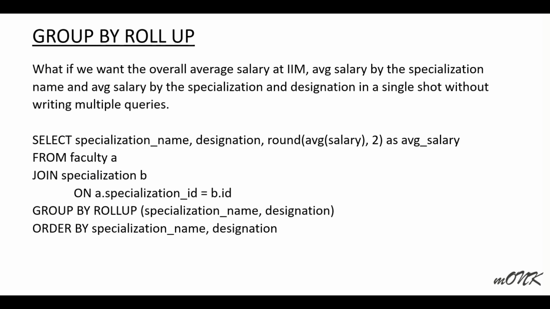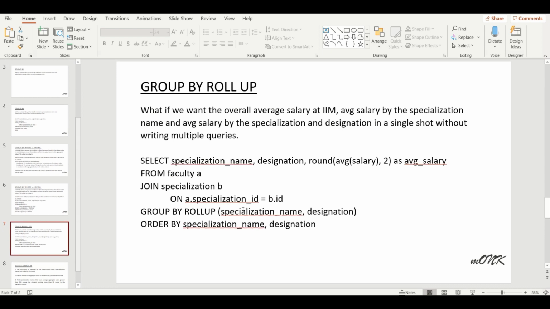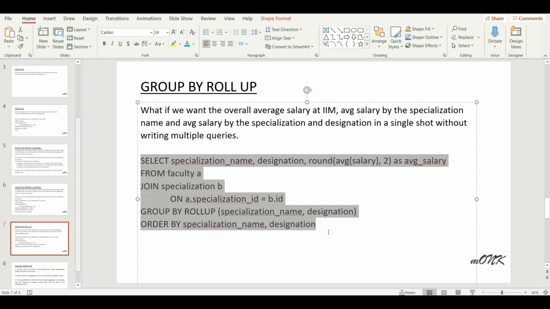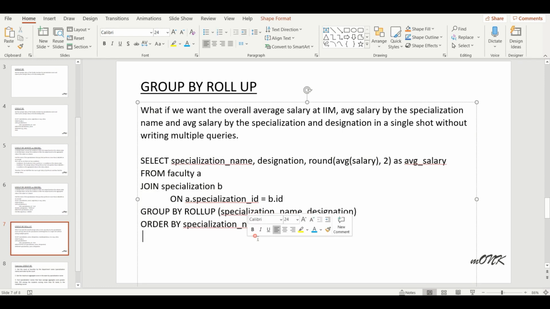In that case, we'll use roll up. So what roll up does, in one go it gives the overall average, and then average by specialization name, and then average by specialization name and designation. So how does it work?